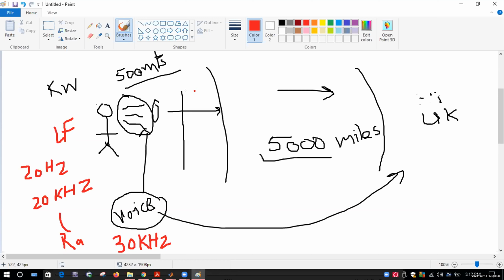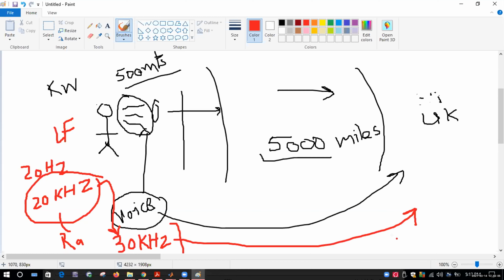But if we need to send this signal to a longer distance, then we take the signal and put it on this signal, because this is the radio frequency. It can travel a long distance with the same power.